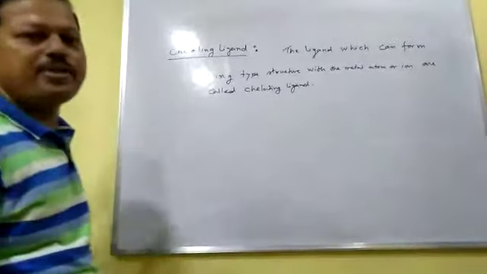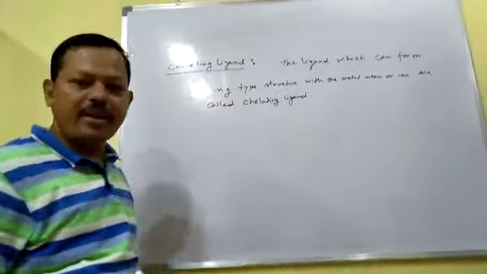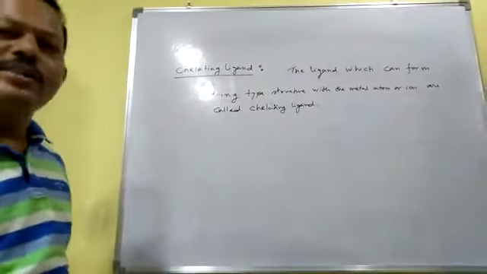Actually there are some ligand which can form ring type structure with the metal atom, and that type of ligands are called chelating ligand.